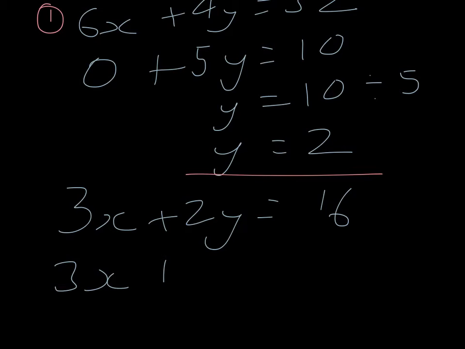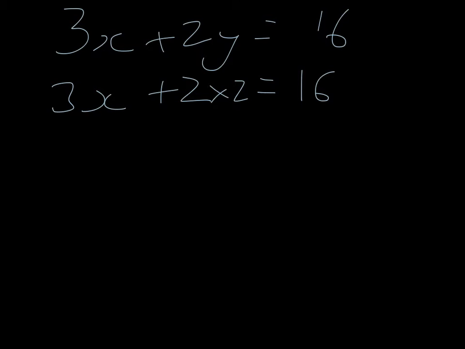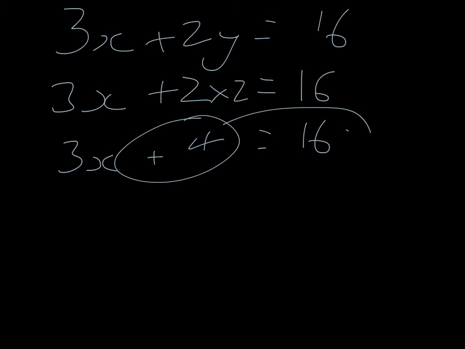3x plus 2 times 2 equals 16. Two 2's are 4. So 3x plus 4 equals 16. I'm going to take that plus 4 over to the other side. 16 take away 4, because the plus becomes a take away, is equal to 12.